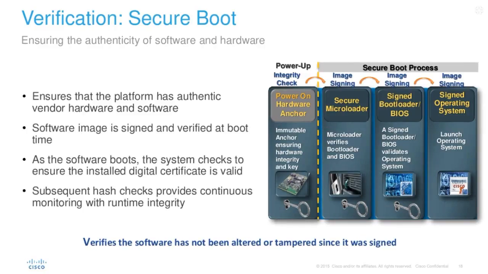So this is really how vendors are making sure that when a piece of gear ships to your site and you connect it up, it did belong to the vendor and it hasn't been tampered with in the entire process.